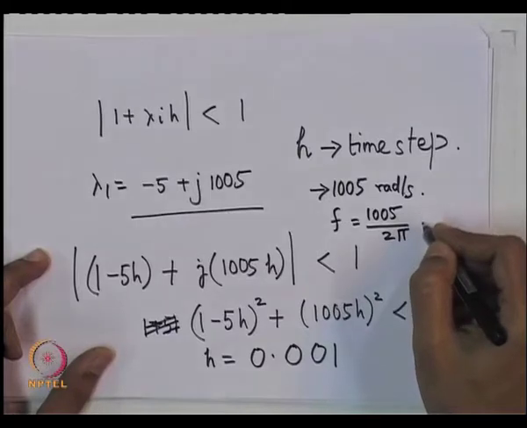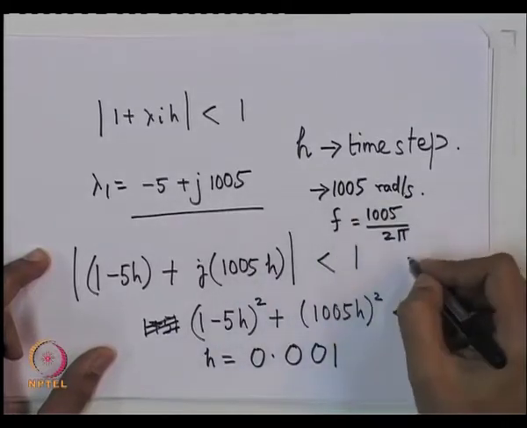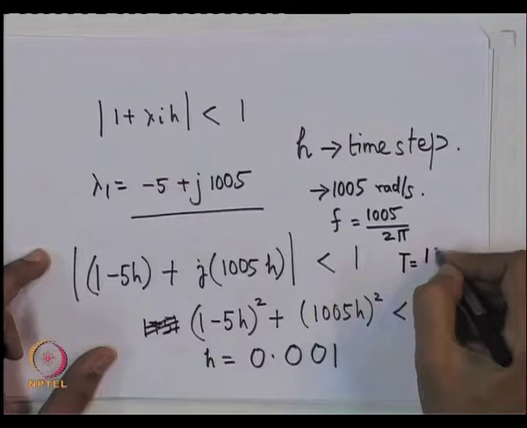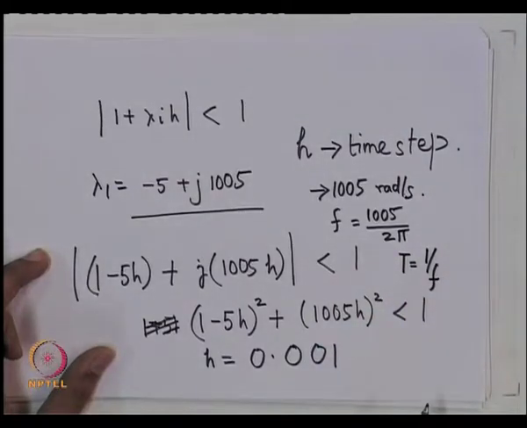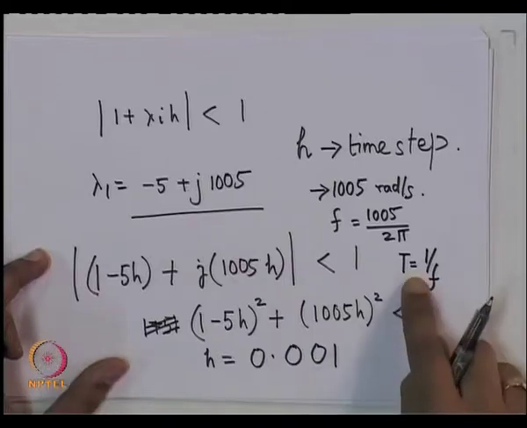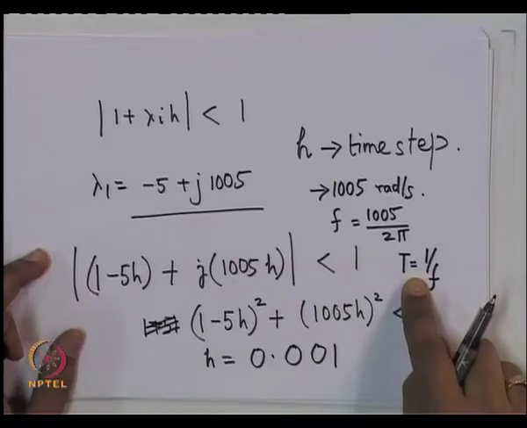The time period of this is of course, okay. So, we expect that if you choose a 1 millisecond time step, we should be able to mimic the response, but that is not true.